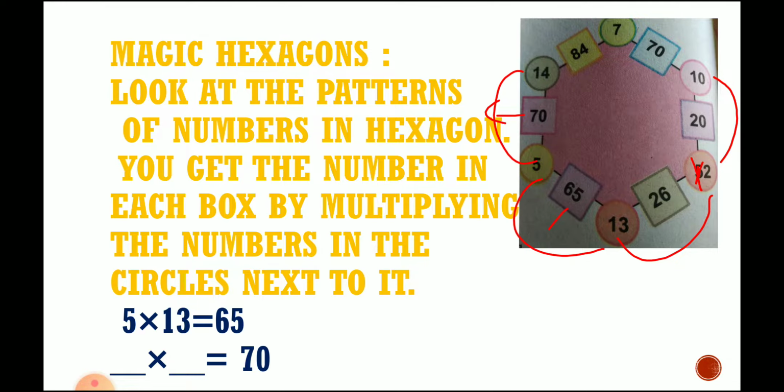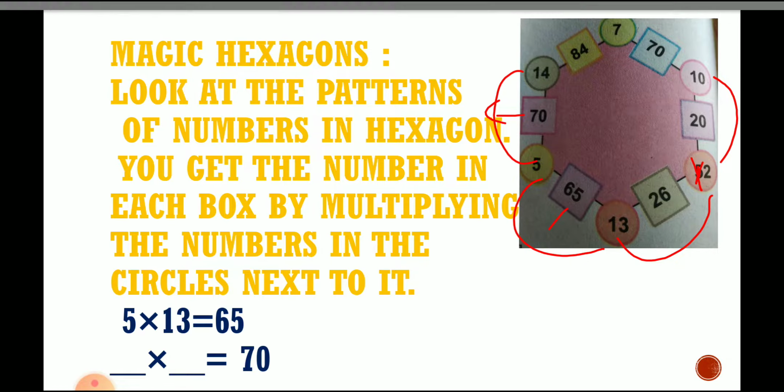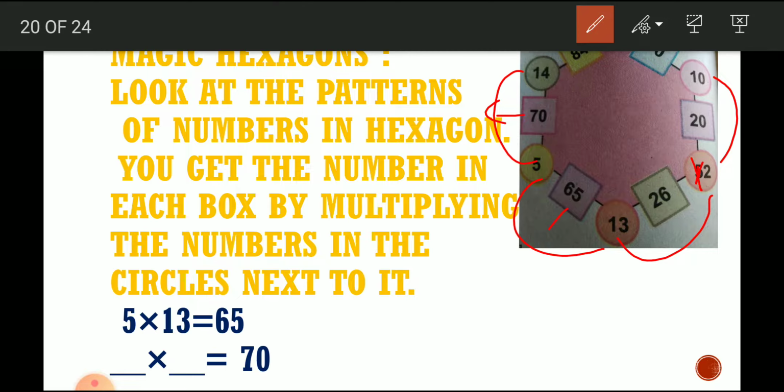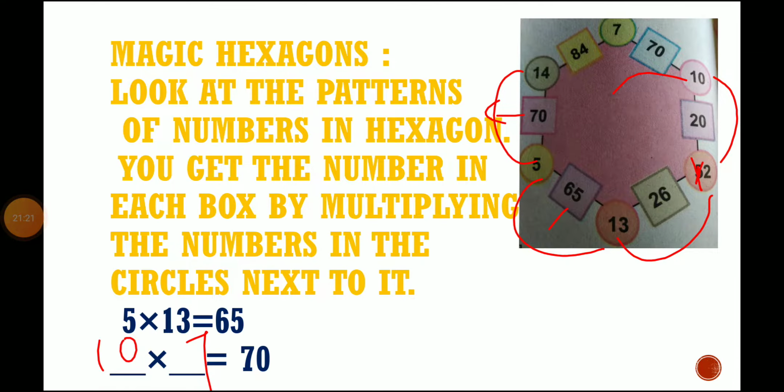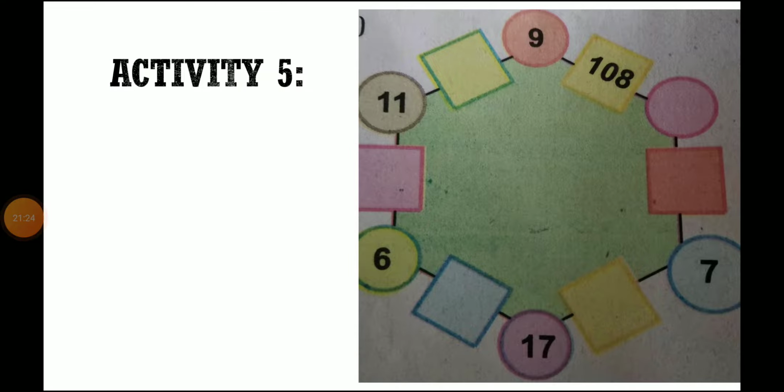Yes, 7 10s are 70. If we want to get 70, which numbers can multiply to become 70? That is 10 and 7, we will get 70. Using this kind of pattern, we can find the answer.